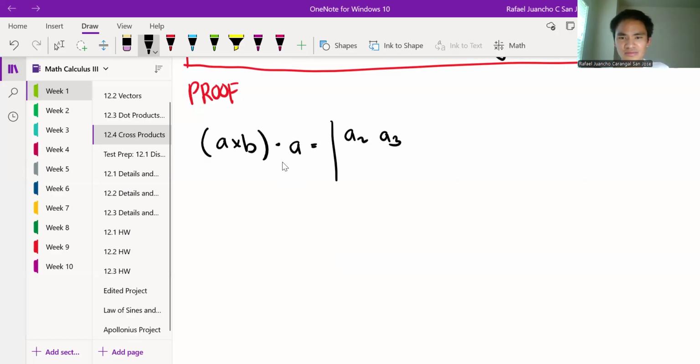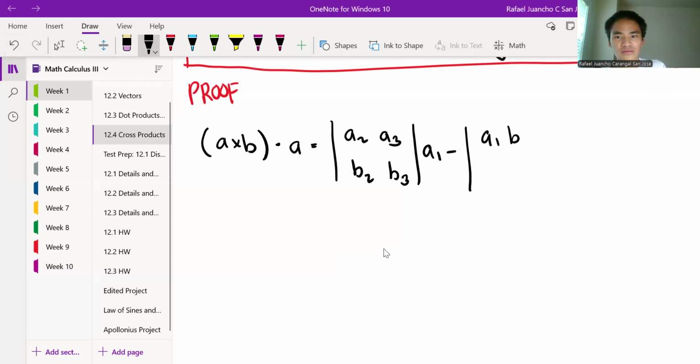Actually, yeah, this makes sense. Yeah, let's go through this. B2, B3 of A1. Yeah, it's A1. Minus, we have A1, A3, and B1, B3 of A2. And then we have A1, A2, B1, B2.